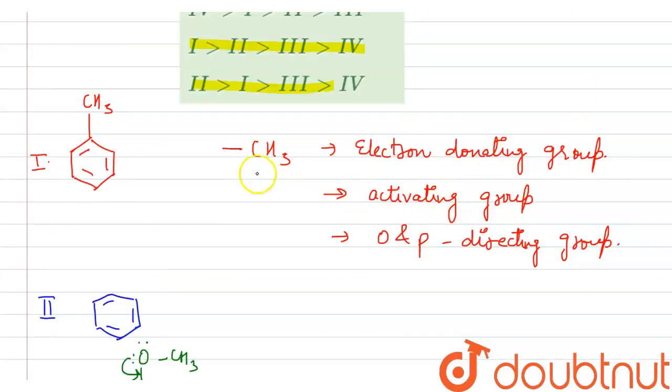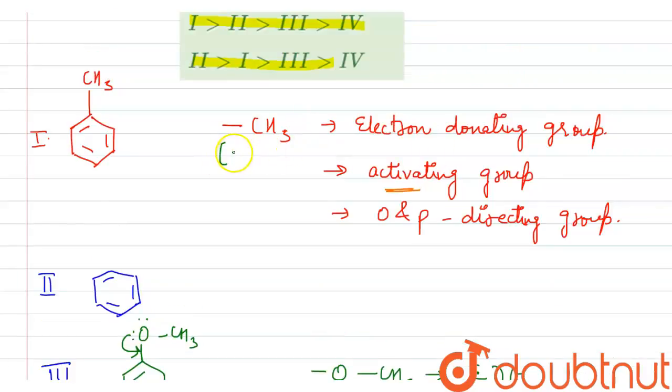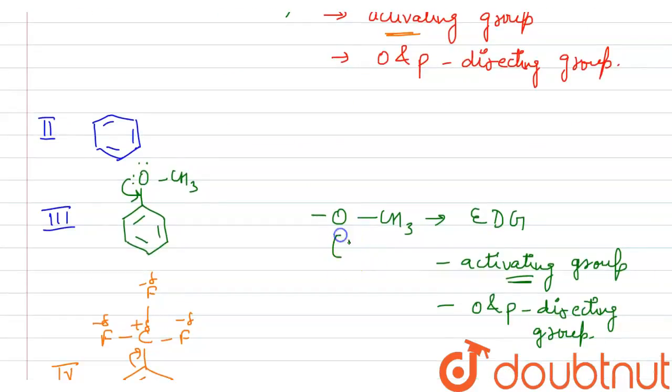Now we can compare these. The methyl group is also an activating group, and the methoxy group is also an activating group. But if we compare these, methyl will be a weaker electron donating group or activating group, then methoxy will be a stronger one, right?